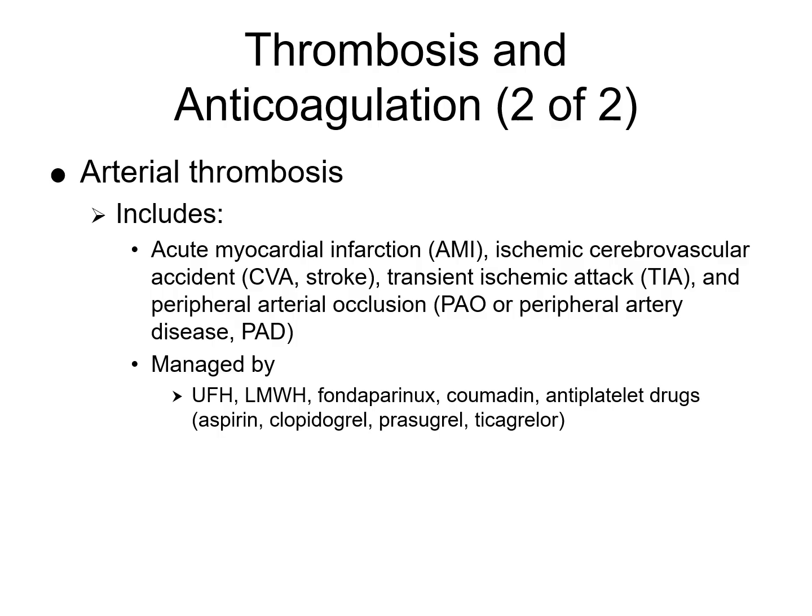So in summary, arterial thrombosis leads to serious ischemic events like AMI, stroke, TIA, and PAD. It's managed with a combination of anticoagulants and antiplatelet agents to prevent clot formation and progression. The selection of therapy will depend on clinical scenario, risk factors, and patient characteristics.